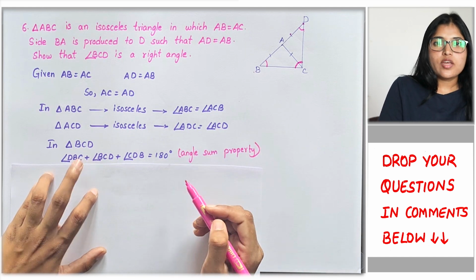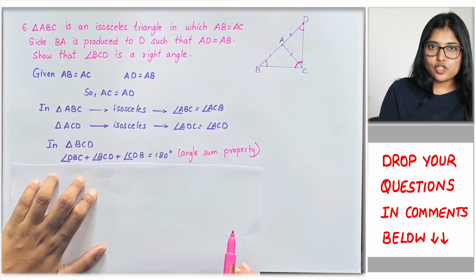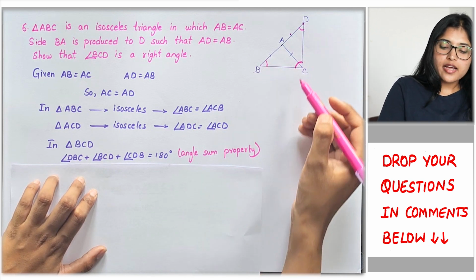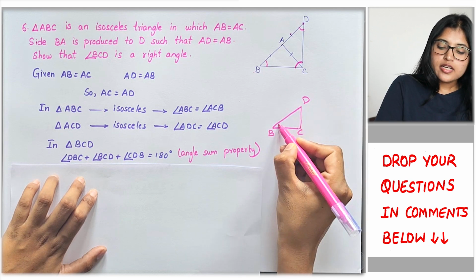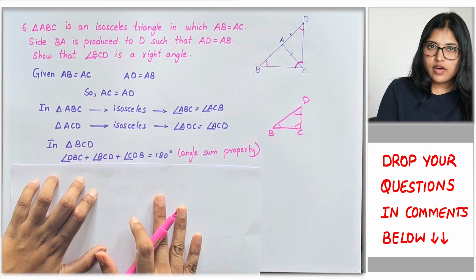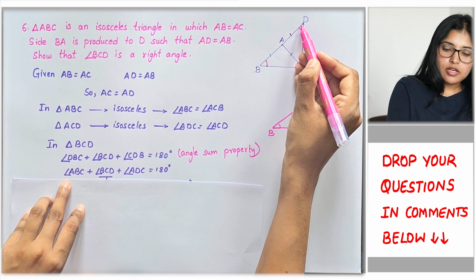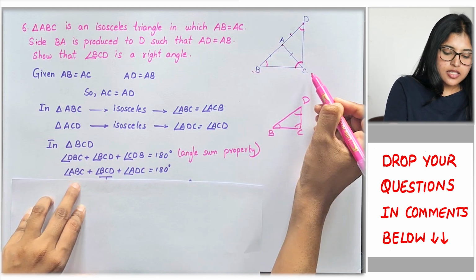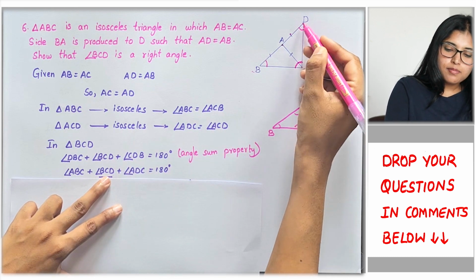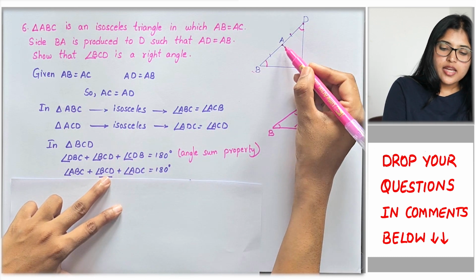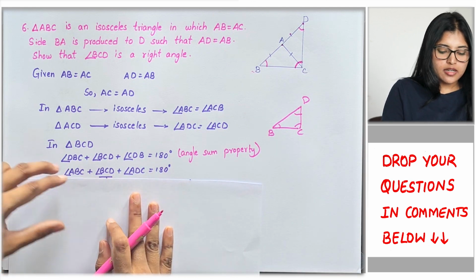In lines and angles, we have learned the angle sum property that says the sum of angles in a triangle should be 180 degrees. I have written DBC angle here as ABC because DBC is nothing but ABC, and angle CDB is nothing but angle ADC. It's the same one. So all of them should be equal to 180 degrees.